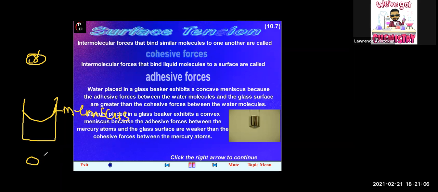So the liquid mercury tends to come together as a ball rather than attaching itself to the container or to the table. All right, that is just the difference between the two of them.